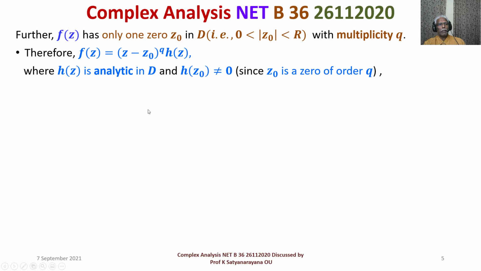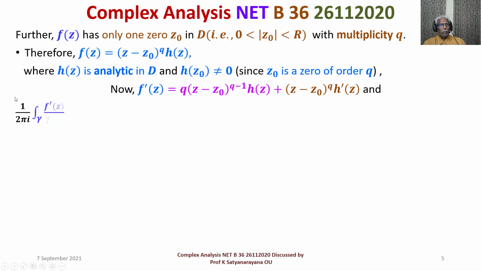Now f'(z) is the derivative of a product of two functions: the derivative of the first, q(z - z0)^(q-1), times h(z), plus the first function (z - z0)^q times h'(z).